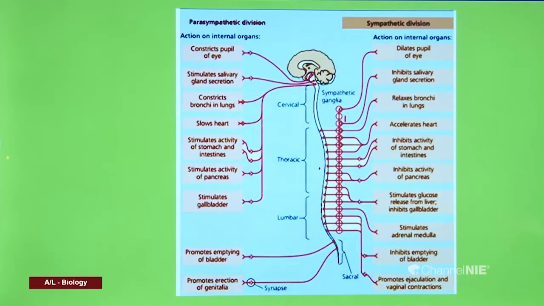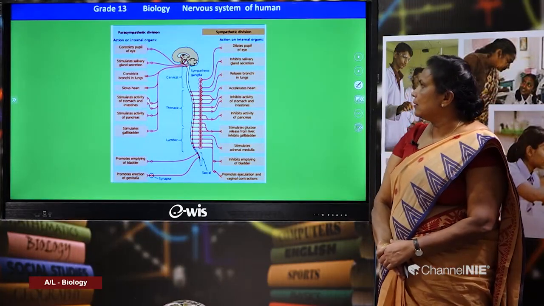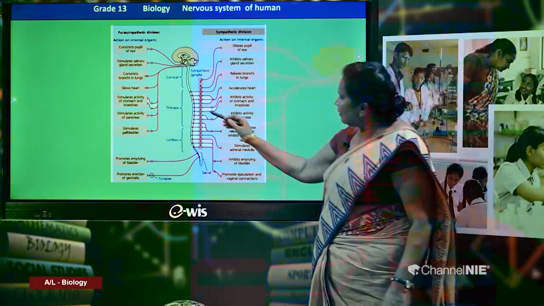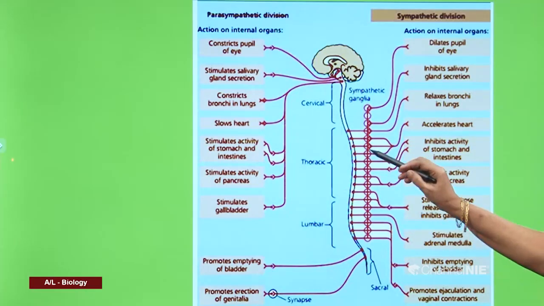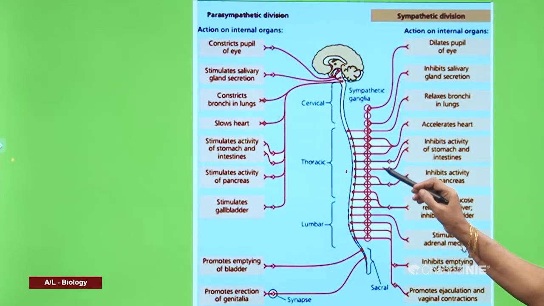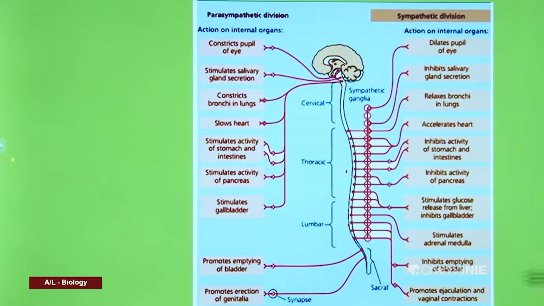In the parasympathetic division, nervous supply is from cranial nerves and the spinal nerves in the sacral region. For the sympathetic division, spinal nerves from the thoracic region and the lumbar region are involved in supplying nerve impulses.